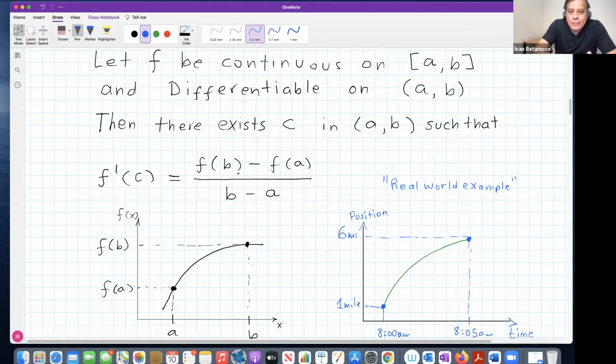Notice this is difference of outputs over difference of inputs over this interval. So the derivative should be equal to the average rate of change of the function.